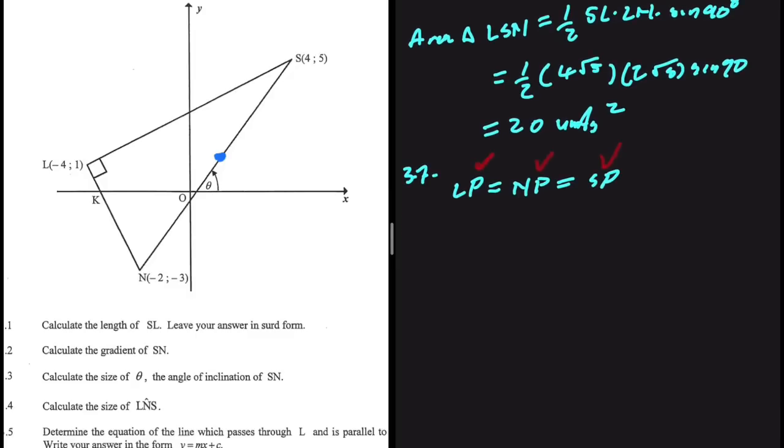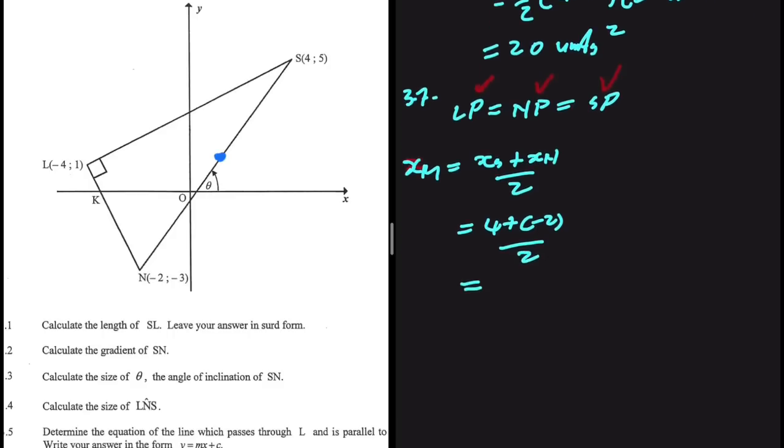So the x value of the midpoint of our hypotenuse will be x of S plus x of N divided by 2. So we're going to have 4 plus minus 2 divided by 2. 4 plus minus 2 is 2, and 2 divided by 2 is 1. And then the y value of the midpoint will be y of S plus y of N divided by 2.